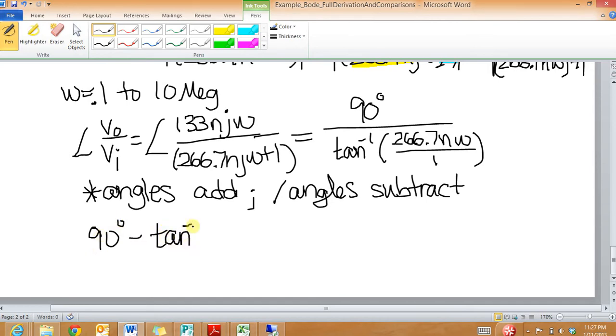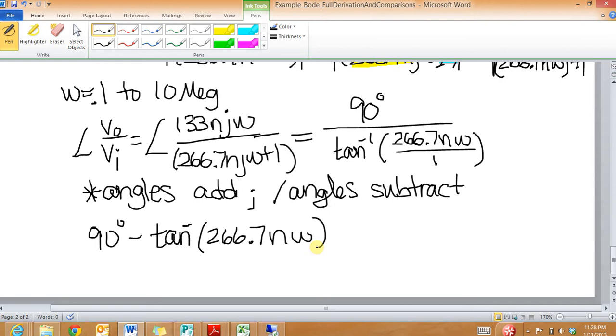And this will be our phase graph. Plot a point on my graph, then I do another dot, and then I connect them with a line. Another way would be to use Excel to plot each one of those, which is going to be a little quicker.